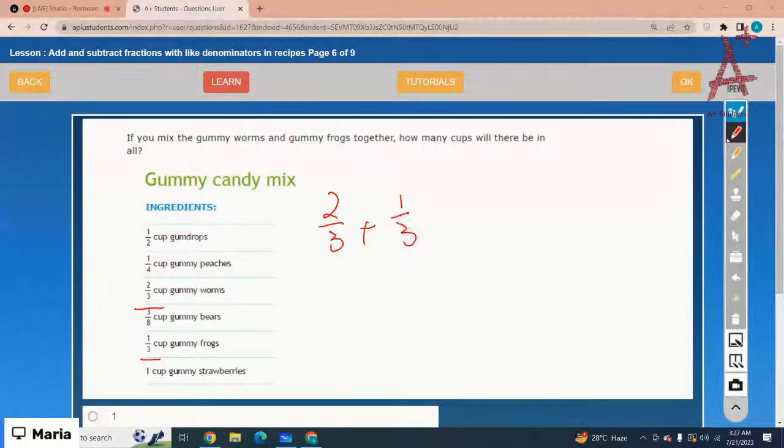You can see both fractions have like denominators. You simply have to add their numerators. 2 plus 1 is 3, and 3 over 3 makes 1. So the correct option is 1.